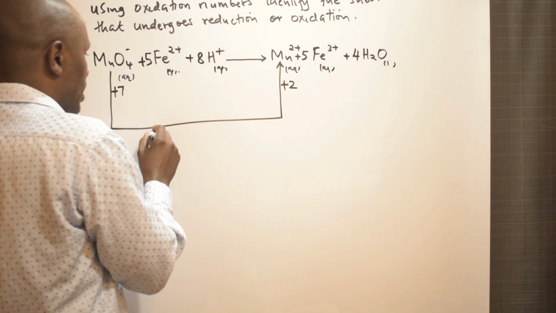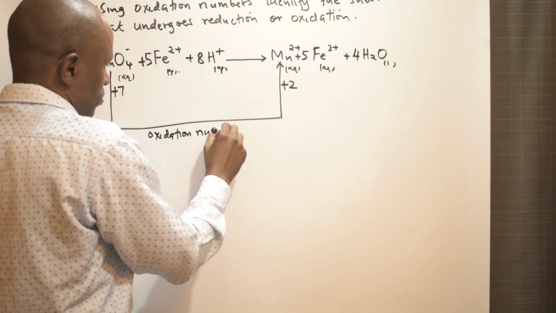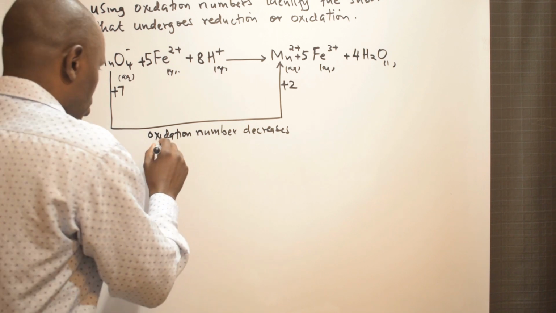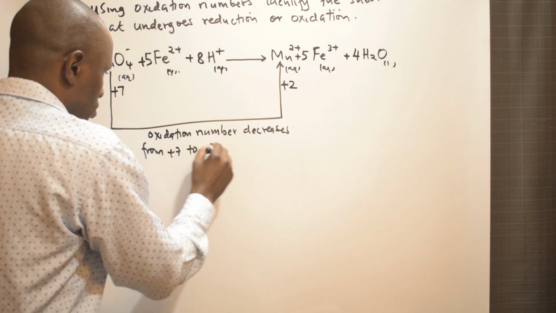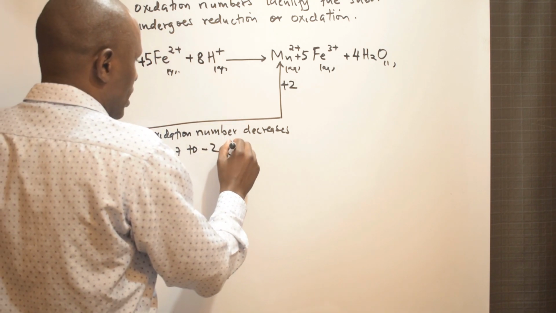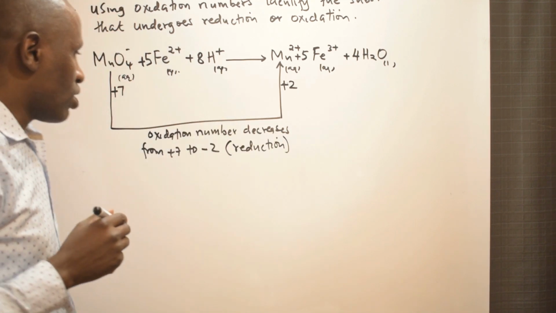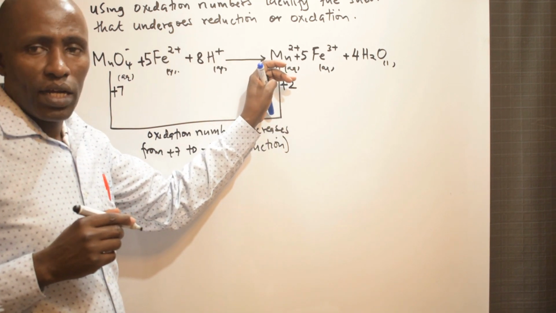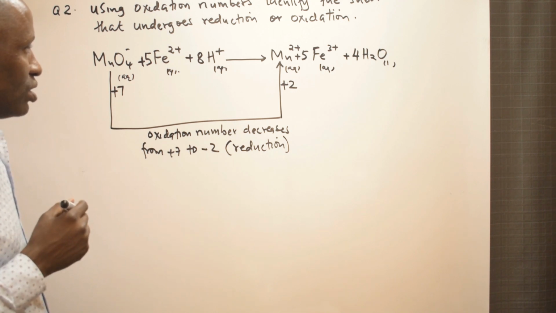What we see is that the oxidation number has decreased from positive 7 to positive 2. When the oxidation number decreases, we call that reduction. Therefore, you'll be very correct to say that manganate ions have been reduced to manganese(II) ions in this reaction.